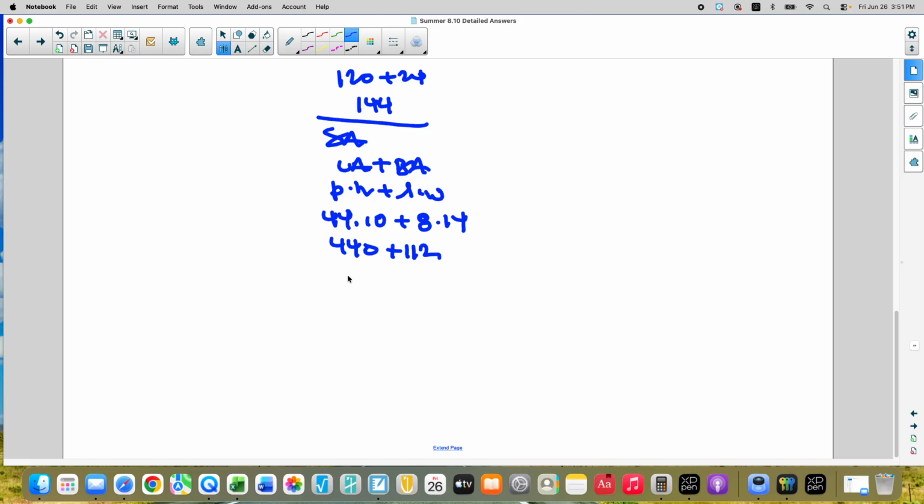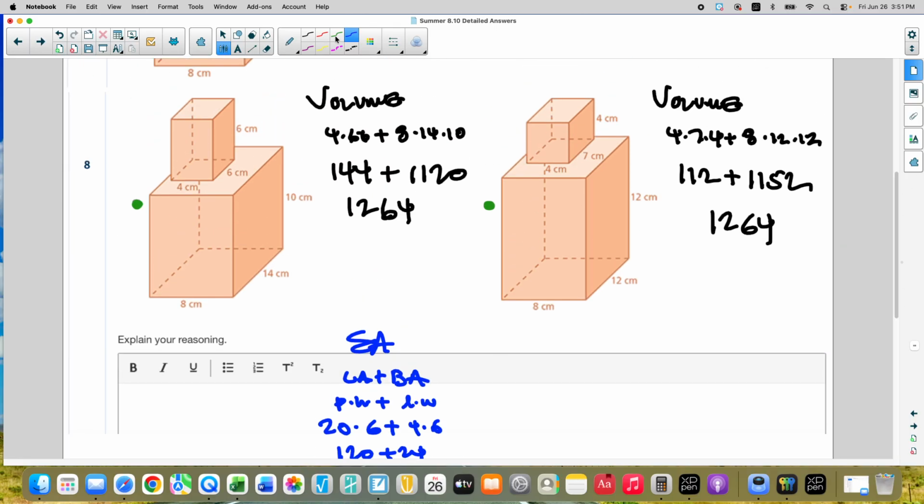And that gives us 552. And so the total would be 696. 696 for our surface area of that object. And let's do the surface area of this object, which is lateral area plus base area.